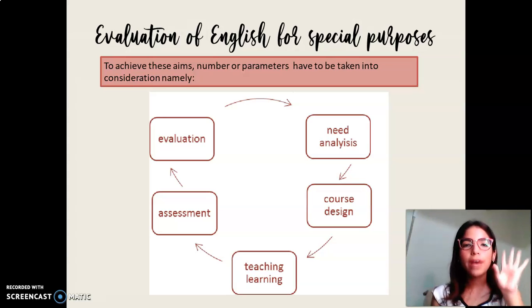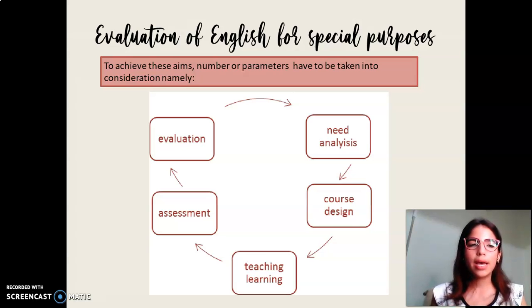Those 5 aspects are the ones that we are going to apply with this course, which has some aspects to improve.